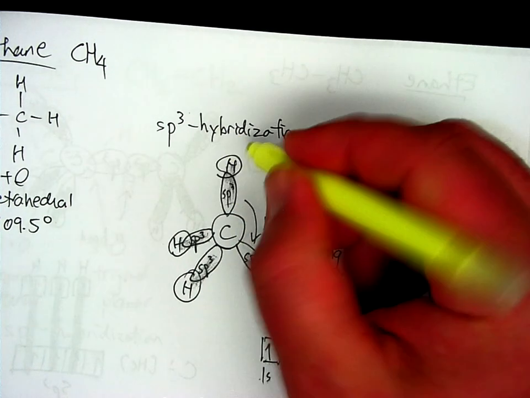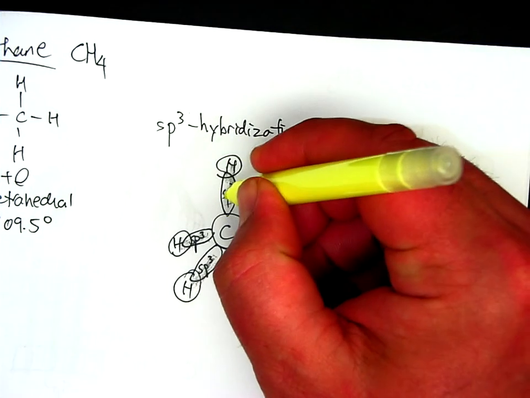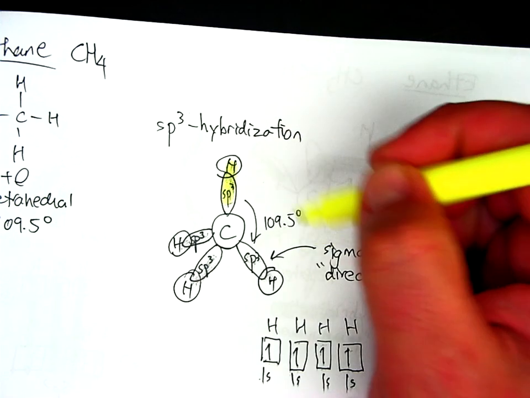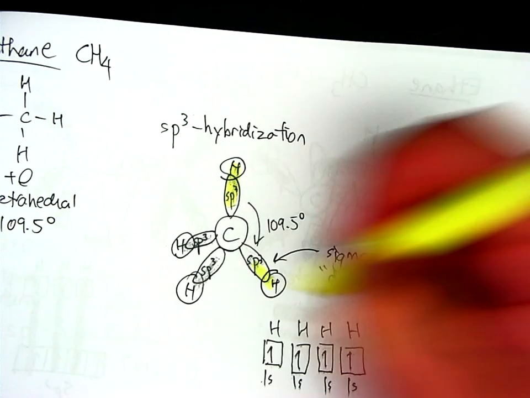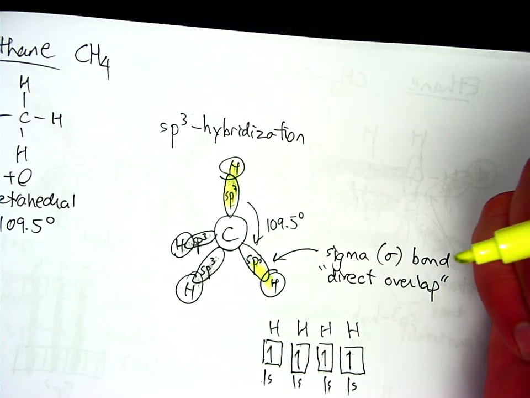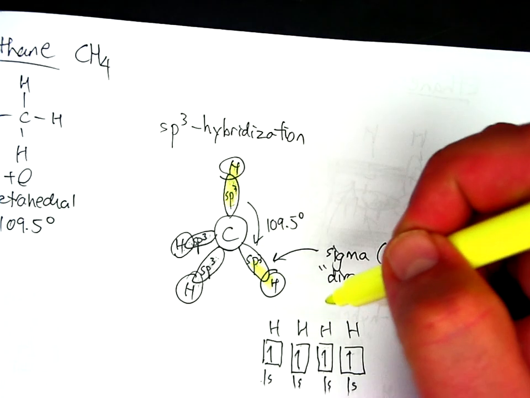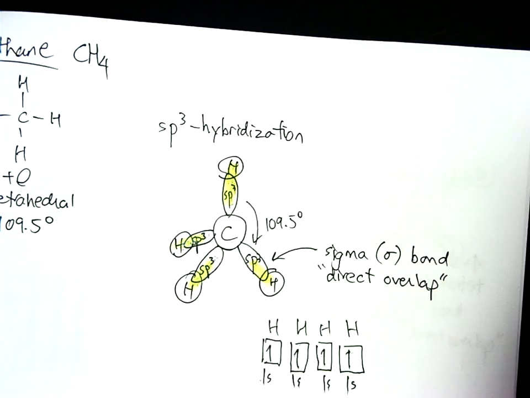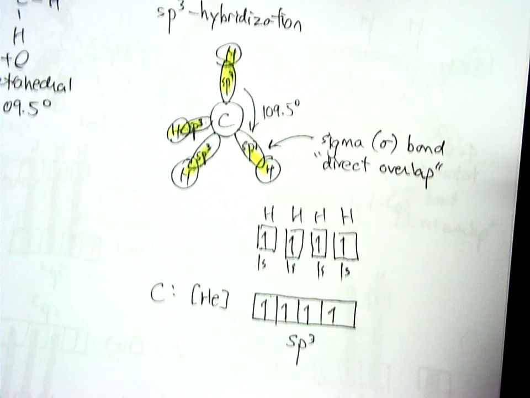So a bond is made between the sp3 hybrid orbital of carbon and hydrogen. Another bond by overlap of these 2 orbitals, the s orbital of hydrogen with the sp3 hybrid orbital of carbon. Same in this bond and same in this bond. We get that tetrahedral arrangement.